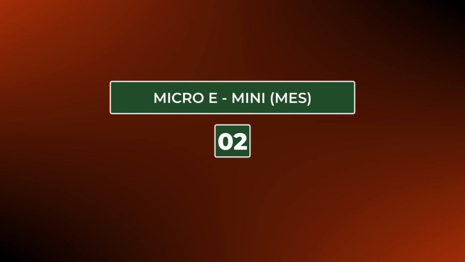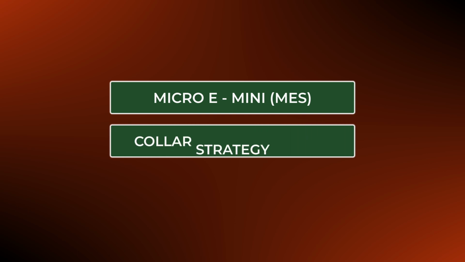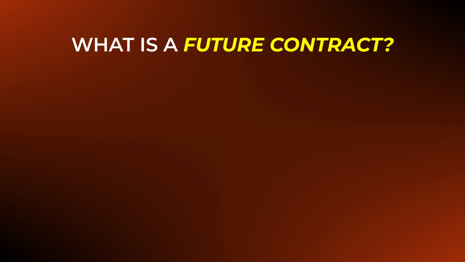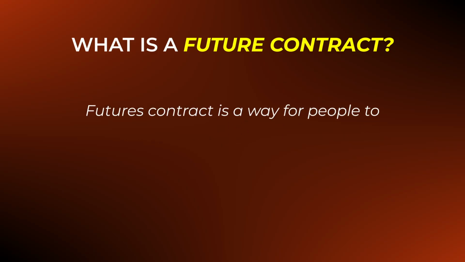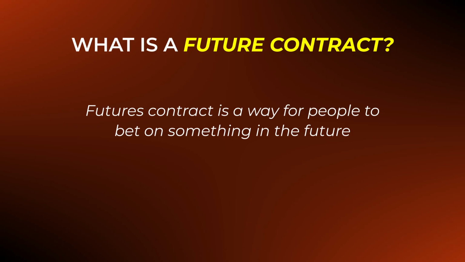So what I want to explain is the MES futures contract first, and then I want to explain doing a collar strategy on it. For everyone on the call that does not understand what a futures contract is, a futures contract is a way for people to bet on something in the future.